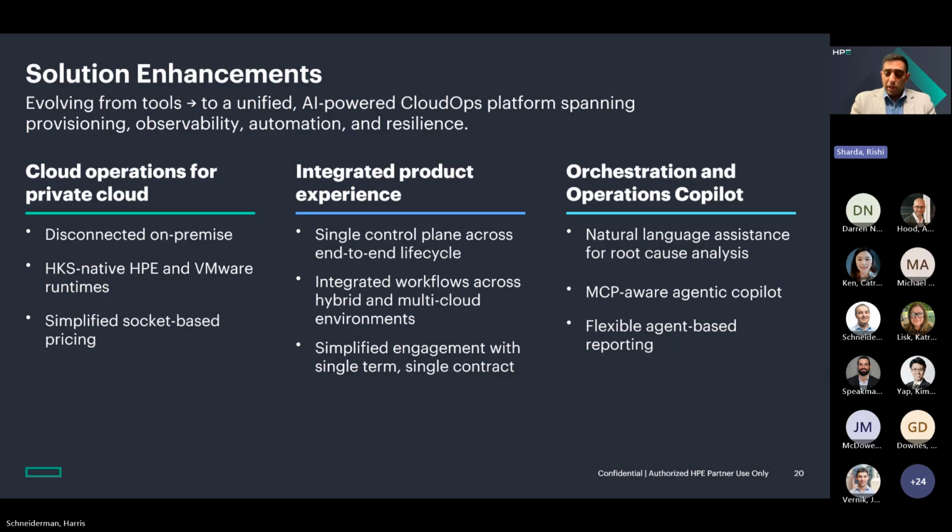So this really helps our customers who have a varied environment with varied HPE products to kind of bring everything together from an observability point of view. One of the key things that we've announced in this HPE Discover is that this was traditionally a SaaS solution, but now we're also working towards an on-prem solution for this. And to double click on the AI part, Harris, if you could move to the next slide.